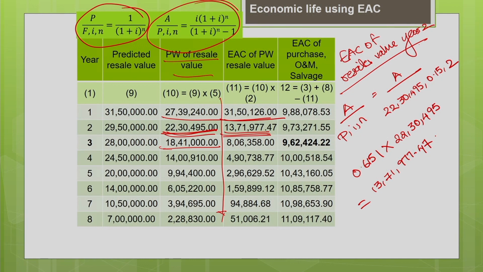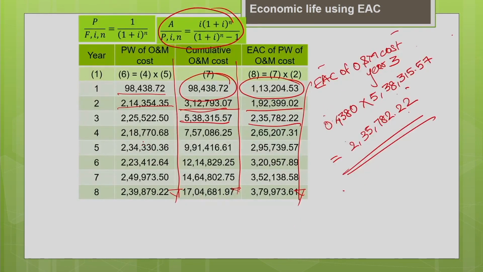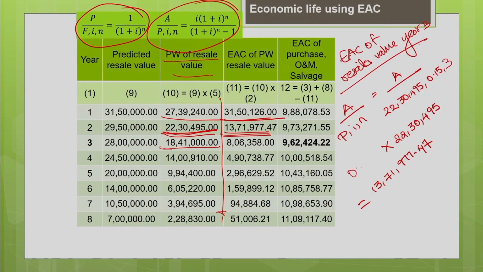Okay. Similarly, for the year 3 you can find it, N is going to be 3. Okay. So, here the factor will be different. What is the factor? 0.4380.